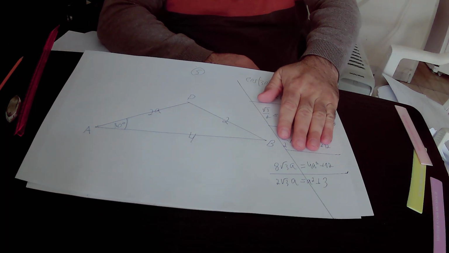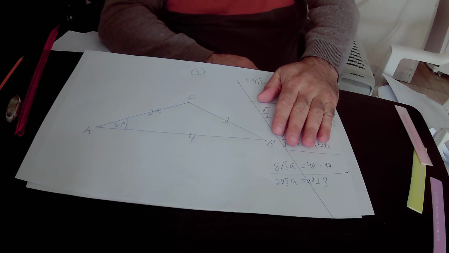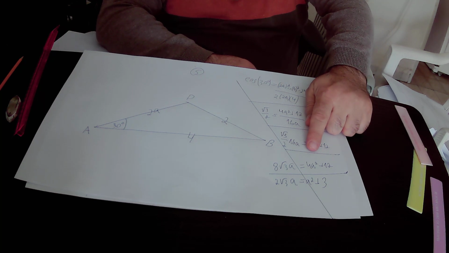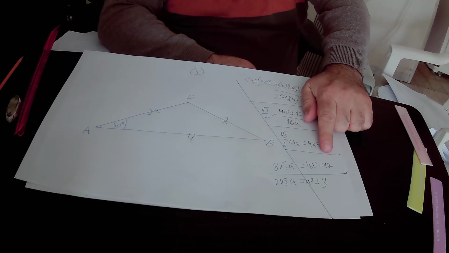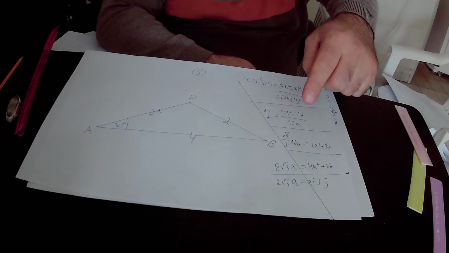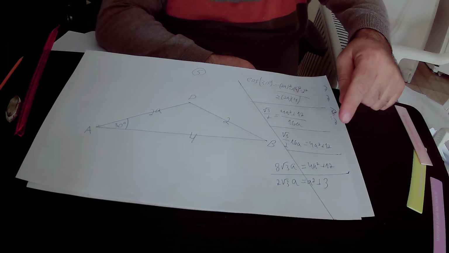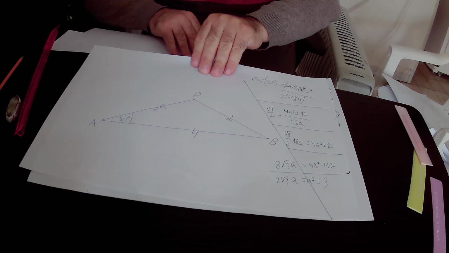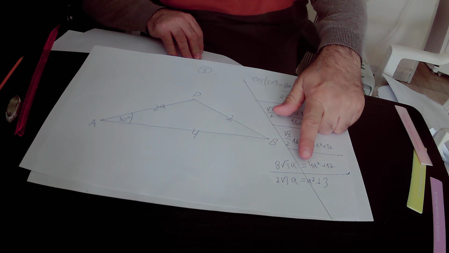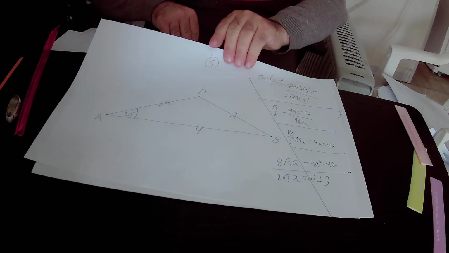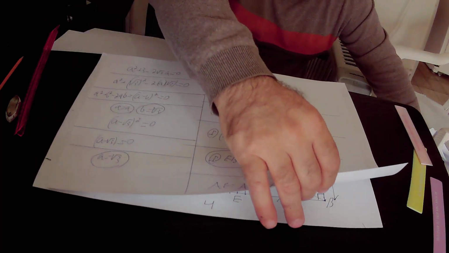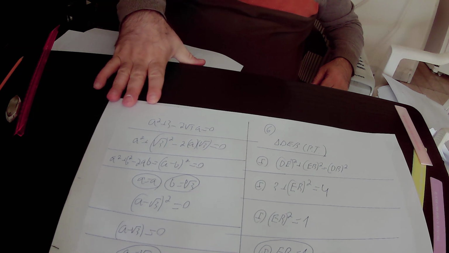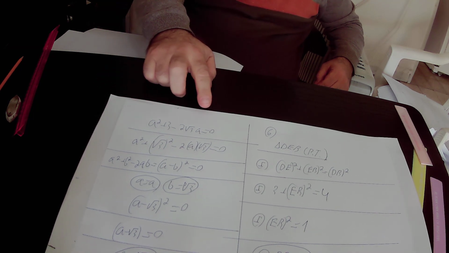We divided this equation by 4: 8 over 4 is 2, so we have 2 times square root of 3 times A; 4 over 4 is 1, so we have A squared; 12 over 4 is 3. In conclusion, 2 times square root of 3 times A equals A squared plus 3. Then I subtracted 2 times square root of 3 times A from this equation, and we got A squared plus 3 minus 2 times square root of 3 times A equals 0.